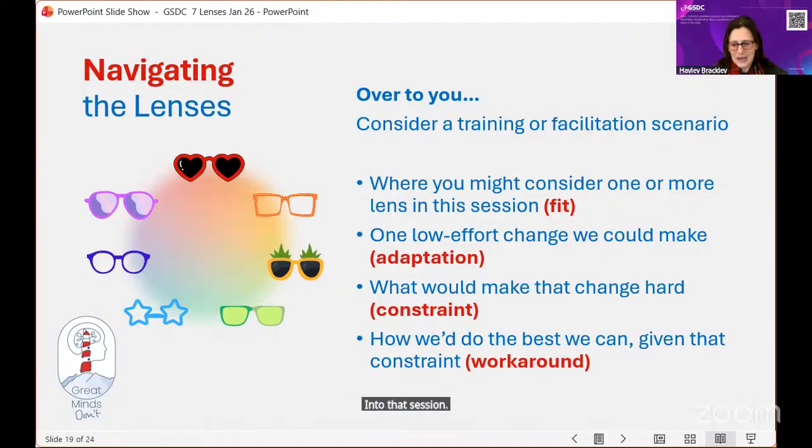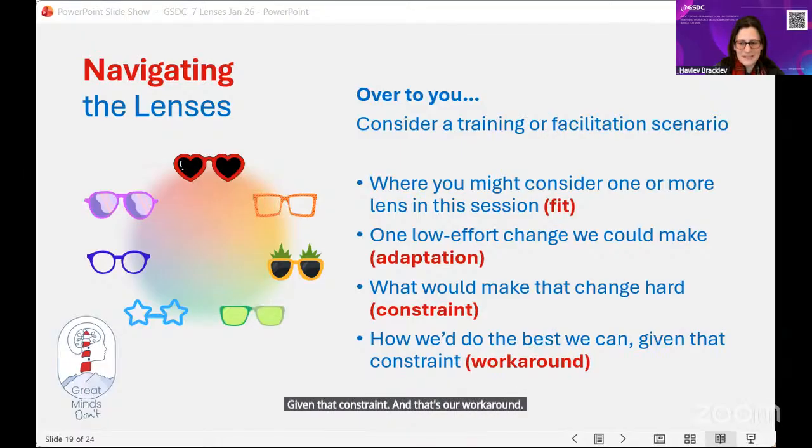We then have one low effort change we could make. That's our adaptation. We have the constraint. What would make that change hard? And then how would we do the best that we can given that constraint? And that's our workaround.